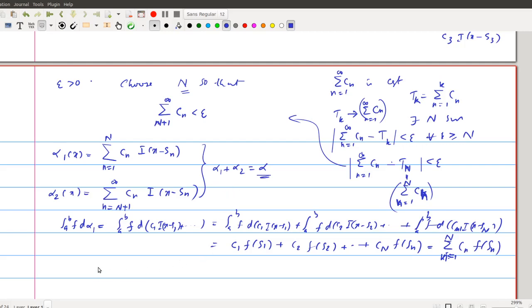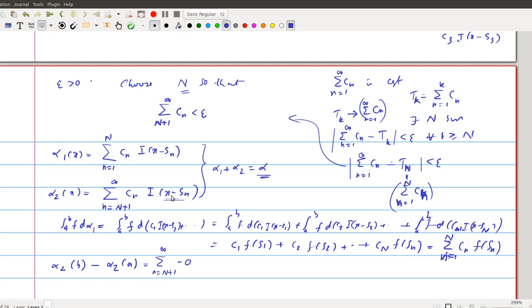Okay, so the next will be, when you consider alpha 2, what is alpha 2 of b minus alpha 2 of a? Obviously alpha 2 of a is 0, because if you put a here, then this quantity will be 0, then all the terms will be 0. So alpha 2 of a is equal to 0, and alpha 2 of b will be the summation n equal to capital N plus 1 to infinity.